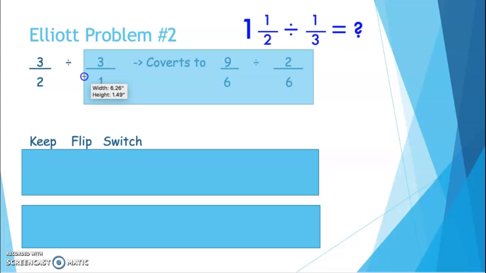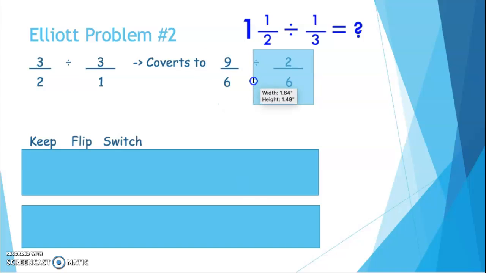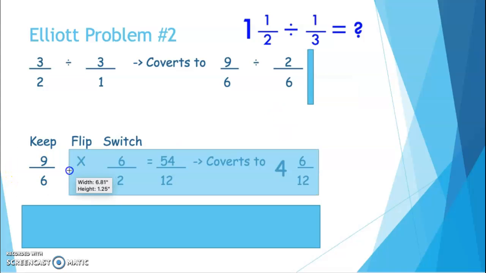So our original equation, we're converting 1 1/2 into 3/2 divided by 3/1. That converts to 9/6 divided by 2/6. Okay, hang with me. We're going to keep 9/6.